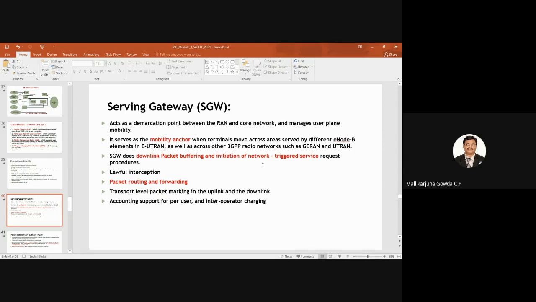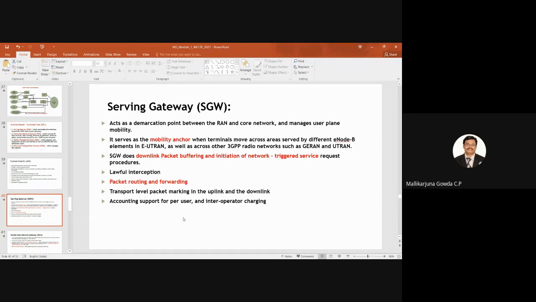Let us see what the network triggered service requests are later. It is also responsible for lawful interception, and it does packet routing and forwarding. It also does transport level packet marking in the uplink and downlink, and accounting support for per user and inter-operator charging.